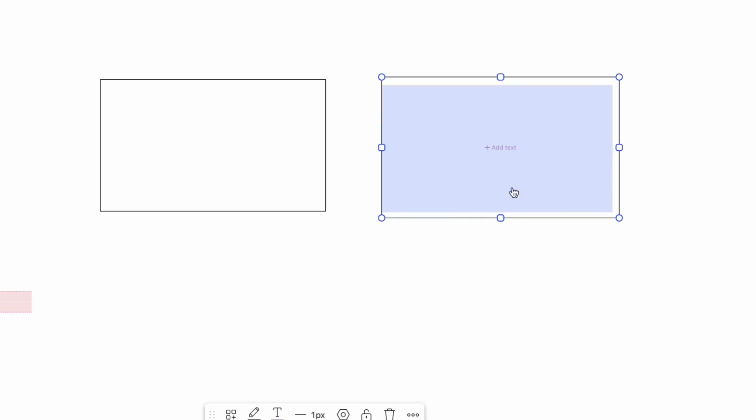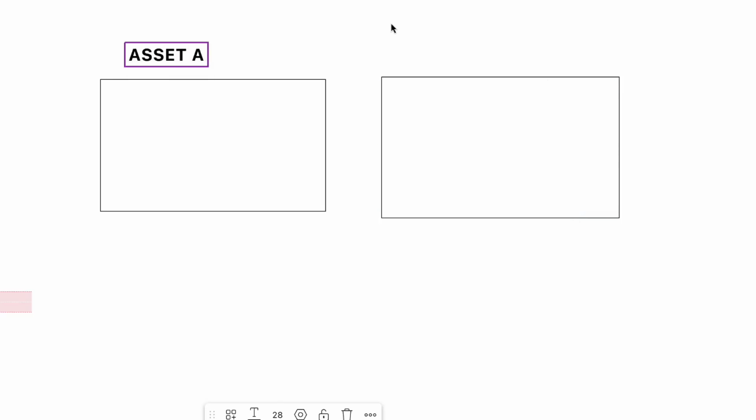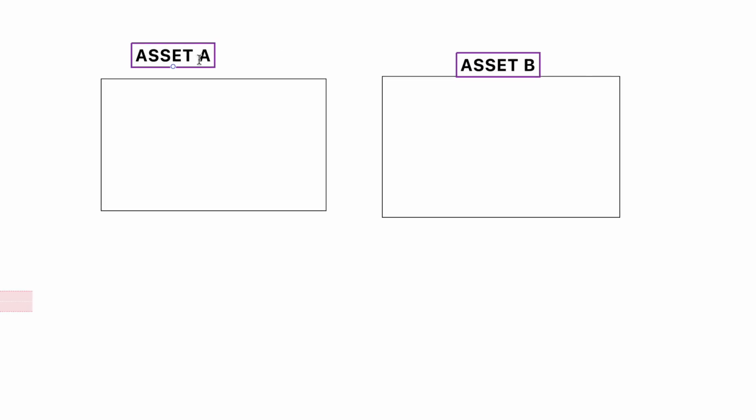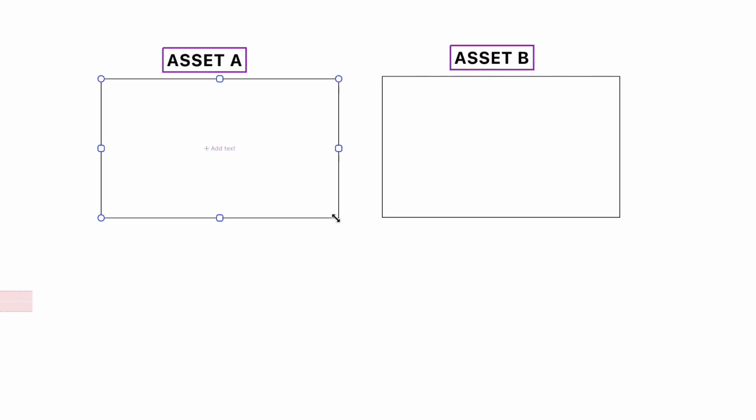Beautiful. So let's call this asset 1 and 2, or we can call it asset A and asset B. These are two different assets. So if asset A is supposed to be positively correlated to asset B, it's going to be like this.